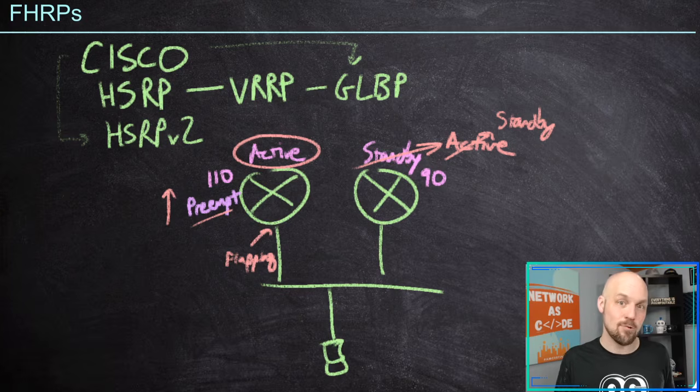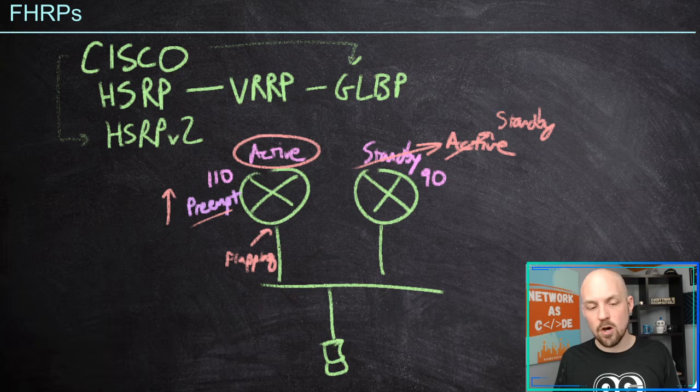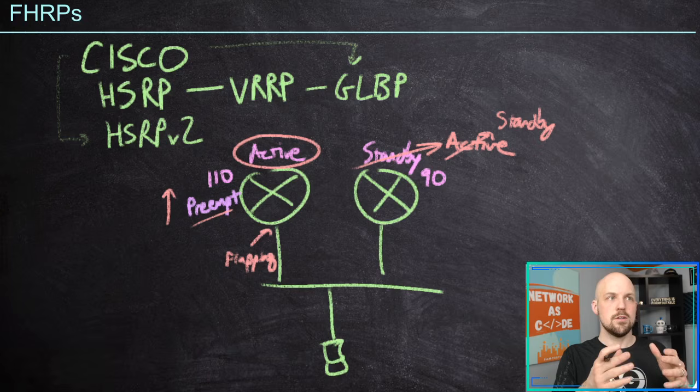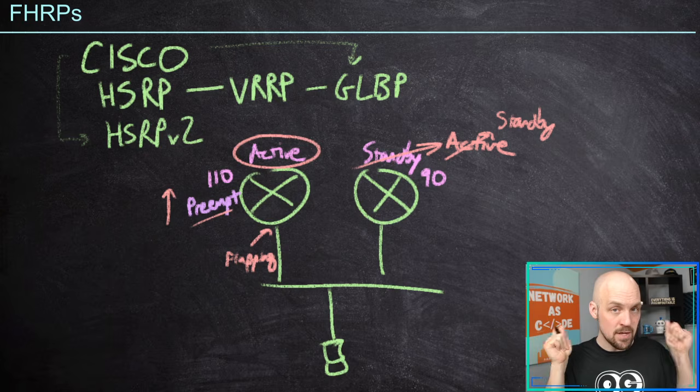We don't like network instability, we want network stability. So if we have a situation where we don't necessarily want to preempt because this router might be going up and down, again, we like deterministic networks, but I also like to be in control. Maybe I don't want it to come back up and immediately grab the active status again.